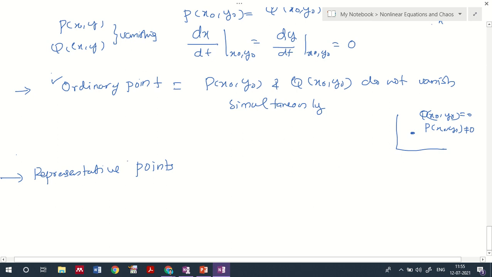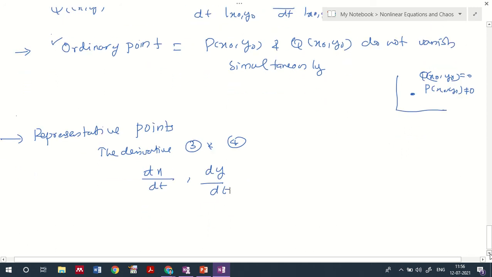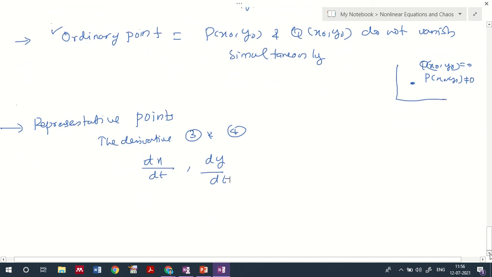we have the derivatives from equations 3 and 4, that is dx by dt and dy by dt. Okay, and what do dx by dt and dy by dt basically represent? The first one is representing the position, and this is representing the velocity component, right?